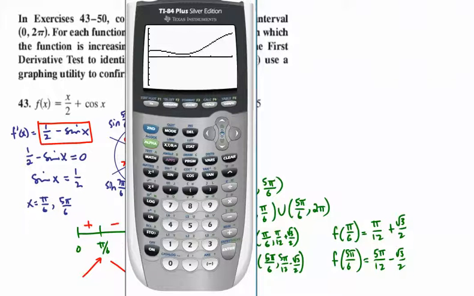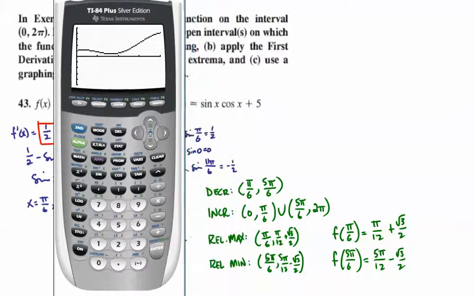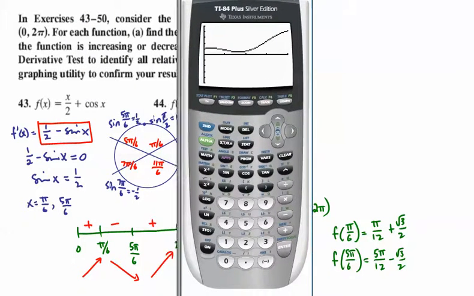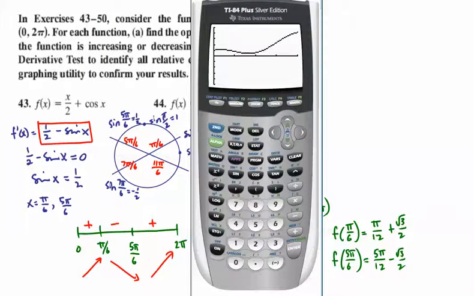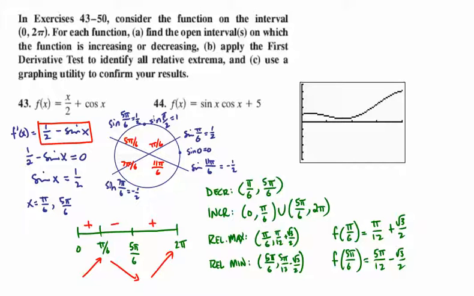Okay, so let's see if we were pretty close in our analysis. Should be increasing and then decreasing. We'll take a picture of this here. So we start off increasing from 0 to pi over 6, which is not too noticeable there, but it's definitely going up, and then decreasing from pi over 6 to 5 pi over 6, and then increasing the rest of the way up to 2 pi.